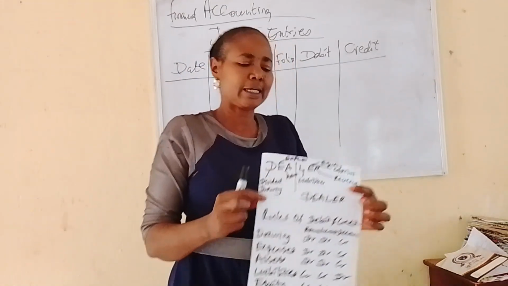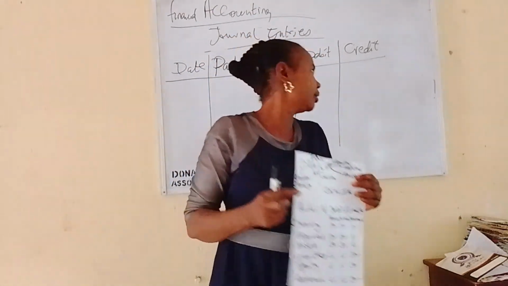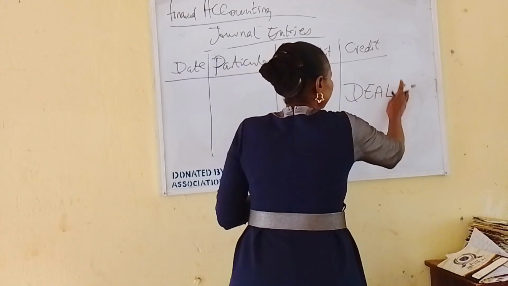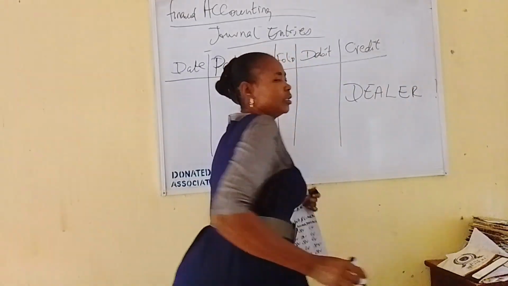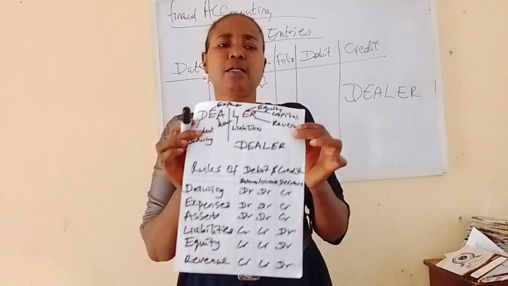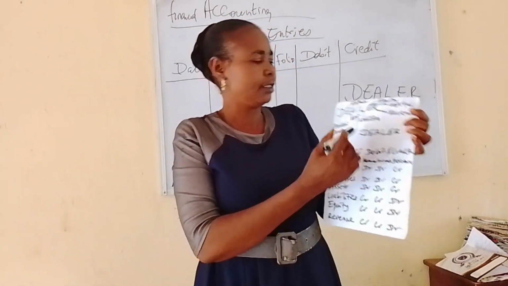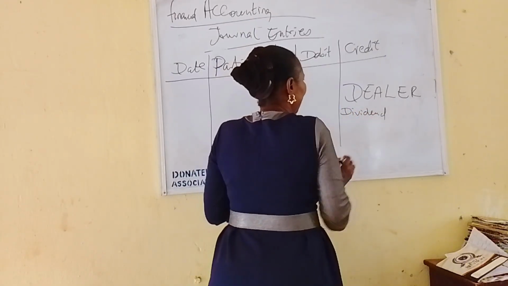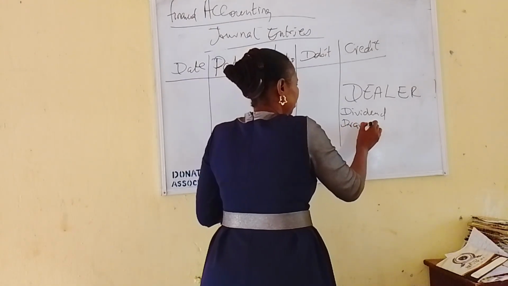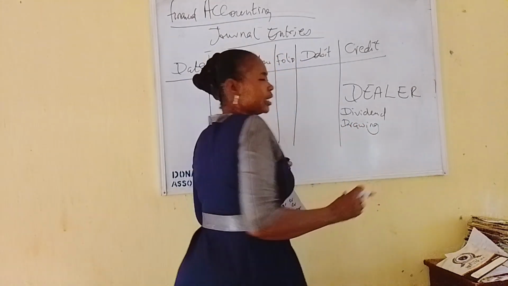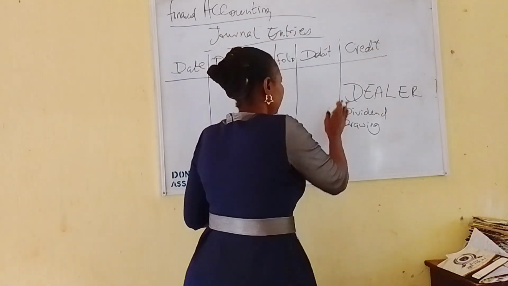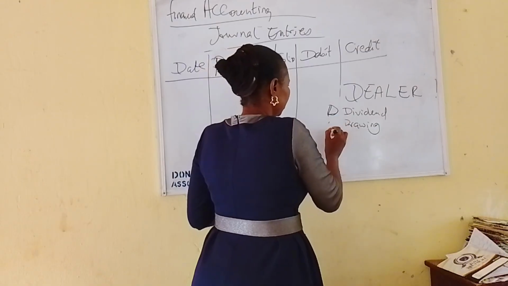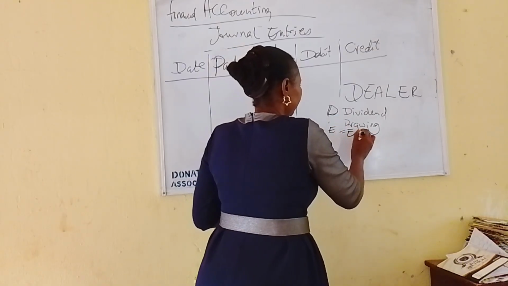We call it DEALER. D-E-A-L-E-R. Dealer. D means dividend and drawings. Then E means expenses.